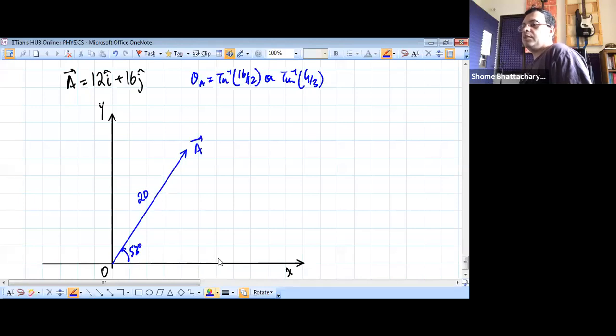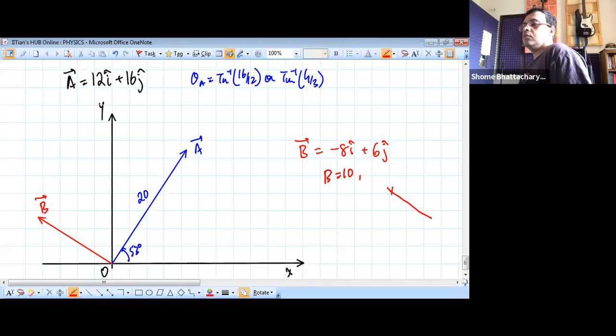Now similarly, what about the vector B? For B, it is minus 8 I cap plus 6 j cap. Okay. So you can see that B is a vector which has a negative x component and a positive y component. So the vector has to lie somewhere here. This vector B, you can see that the magnitude of B is 10.